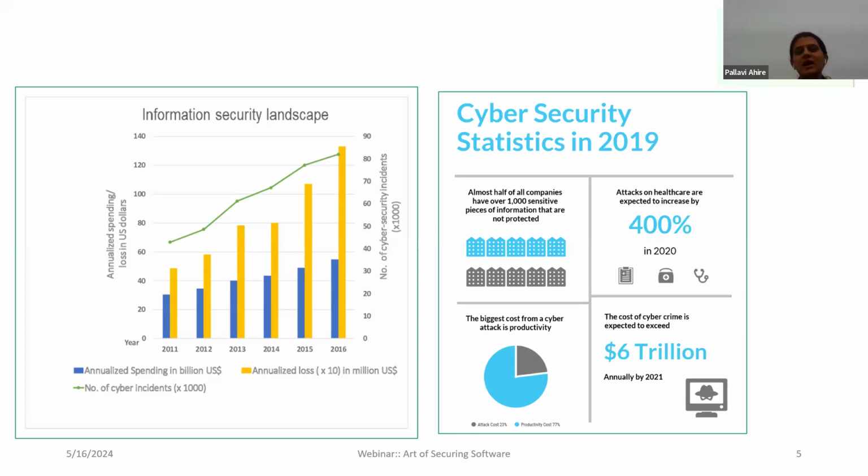Companies are spending more than $6 trillion annually by 2021 to protect the data against cybercrime. Still, almost 400% more attacks are expected in the healthcare domain and other domains as well, such as productivity. So the biggest cost and the biggest concern is to protect that data or to protect the software.